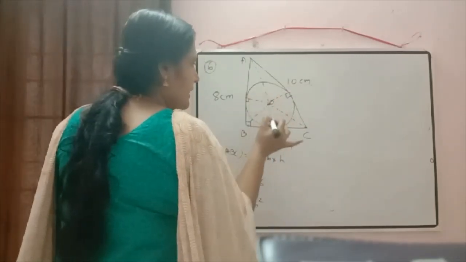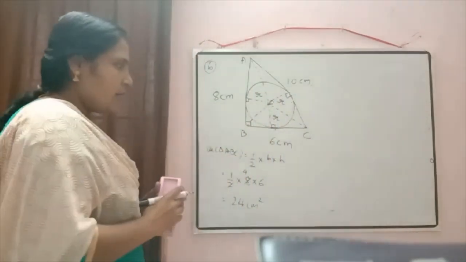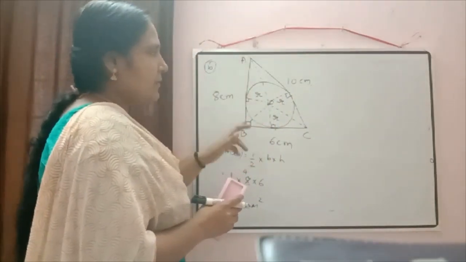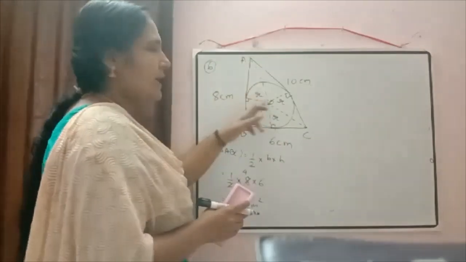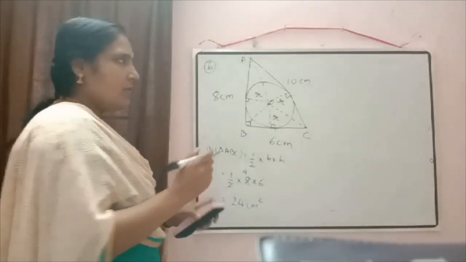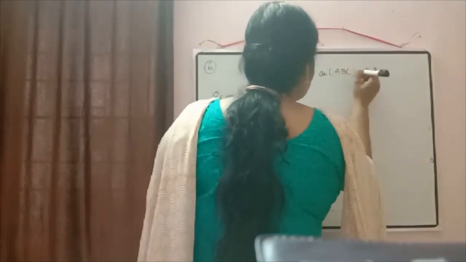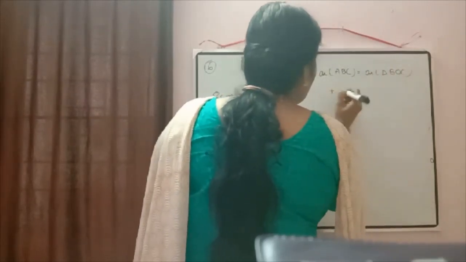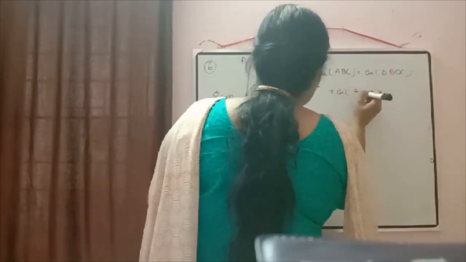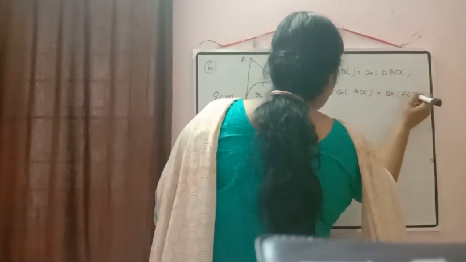So here radius we have to calculate, that I am taking as R. So area of triangle ABC can be calculated by adding the area of triangle BOC, AOC and AOB. So now just write down there, area of triangle ABC is equal to area of triangle BOC plus area of triangle AOC plus area of triangle AOB.